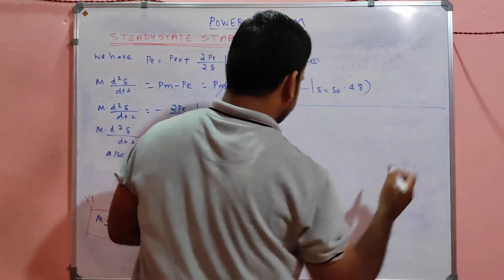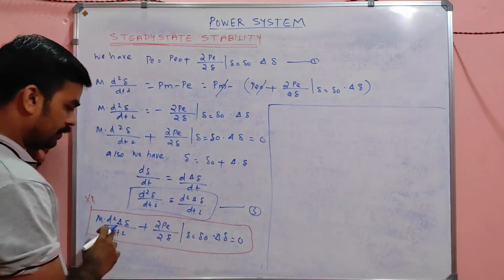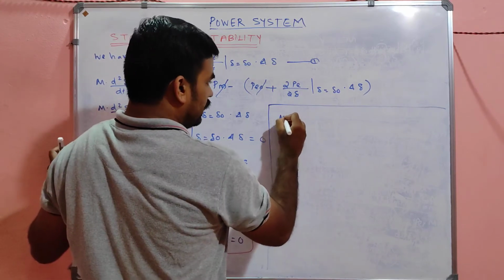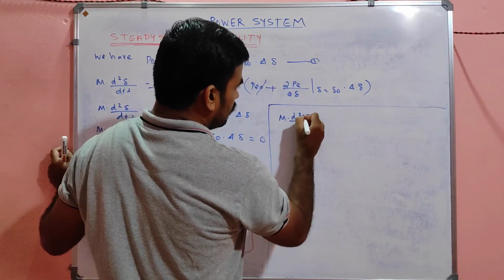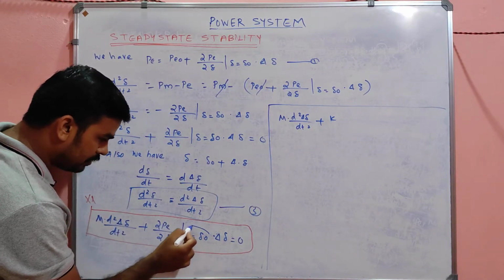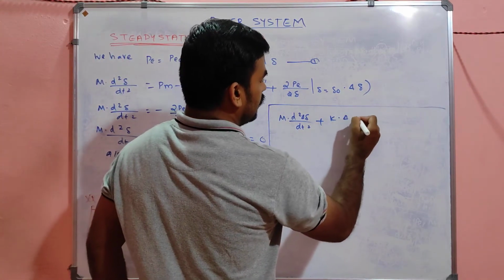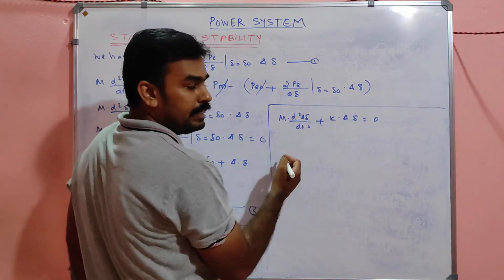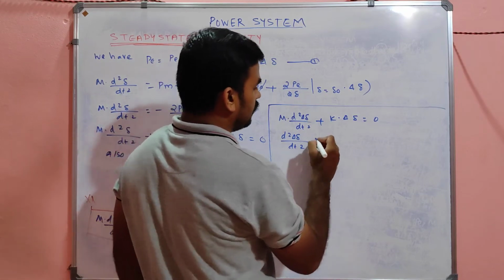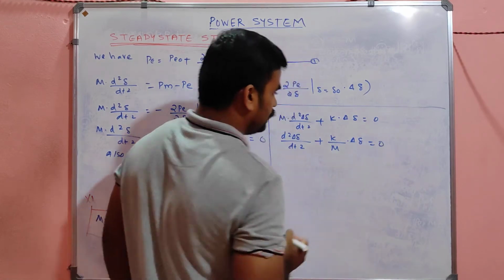This can be written by dividing the whole term by M. Before that, M d²Δδ/dt² plus K Δδ equals 0, where I represent the term ∂P/∂δ as K. Dividing by M, d²Δδ/dt² plus (K/M) Δδ equals 0.